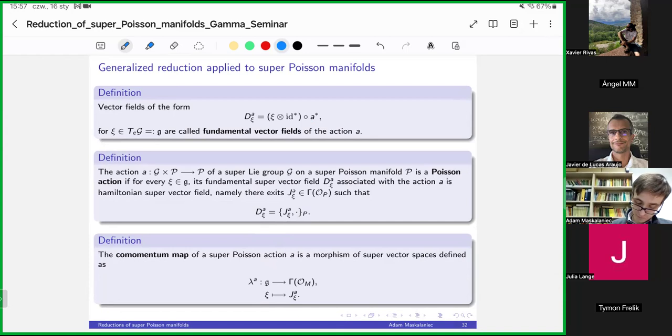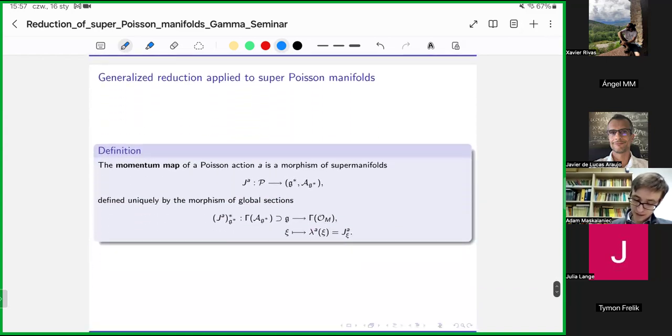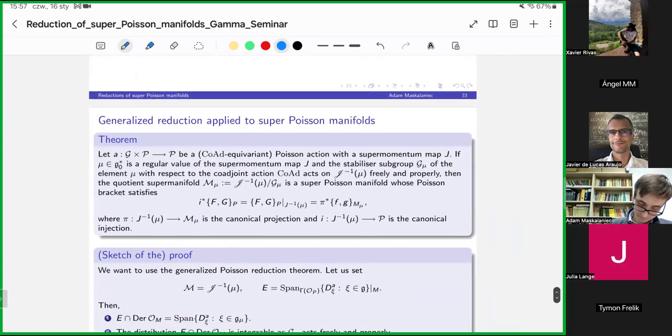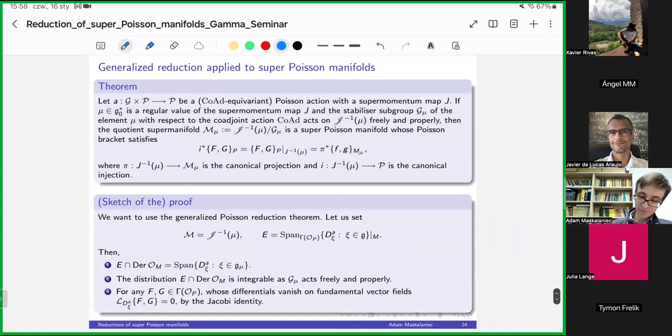And this comomentum map gives rise to a morphism of supermanifolds. This constitutes a morphism from the super Poisson manifold P to the super Poisson manifold that corresponds to the dual of the super Lie algebra. And then we obtain a very similar formulation to the classical Marsden-Weinstein reduction.